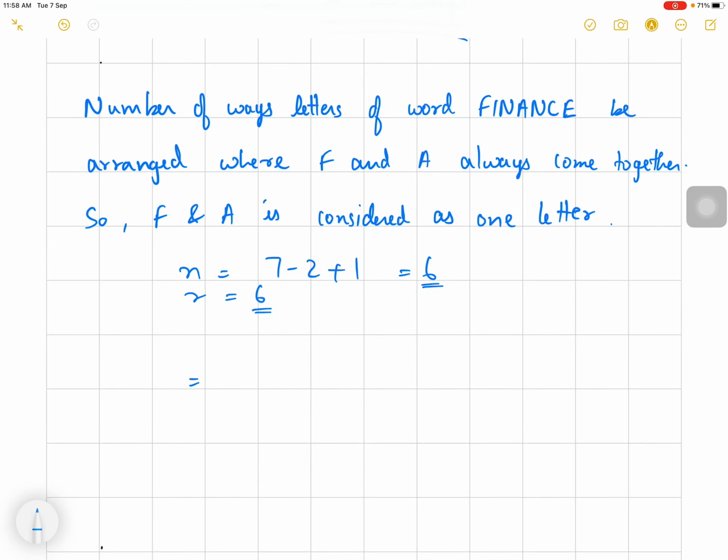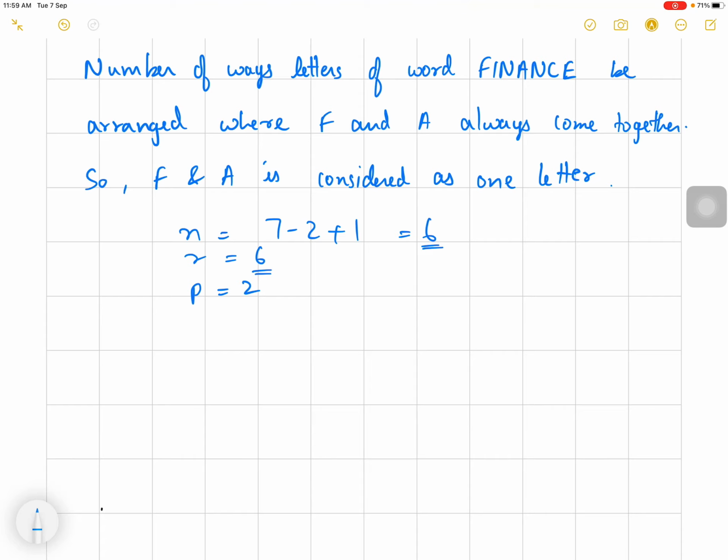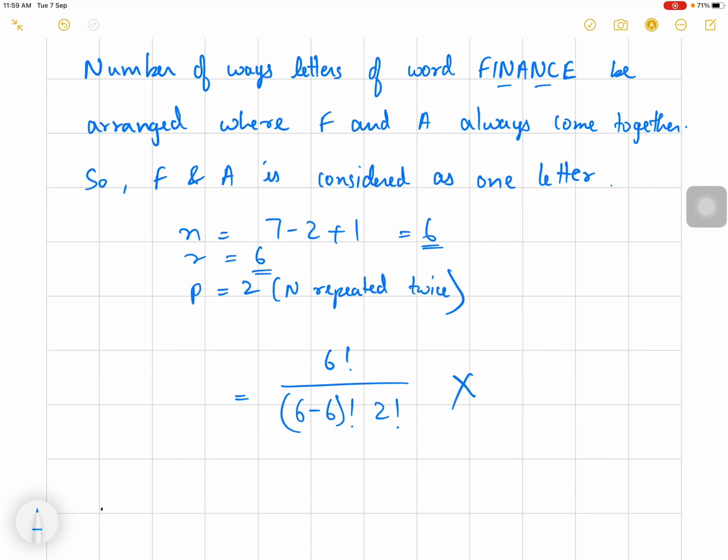For this case my answer will be, I will name it as P, so P is 2. So here my answer will be 6 factorial divided by (6 minus 6) factorial into 2 factorial, because N is repeated twice, multiplied by 2, because F and A can be written as either FA or AF, so two ways.